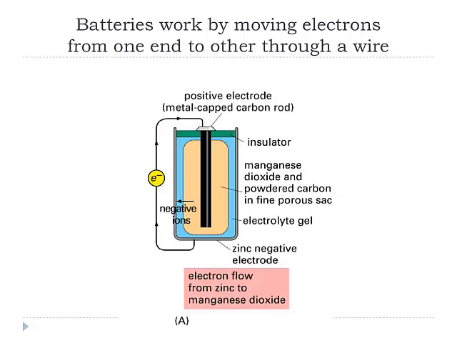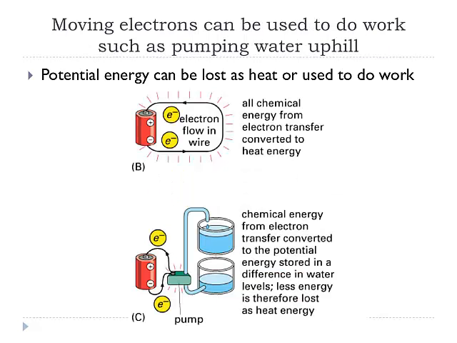So in a battery you have the positive and the negative end, and if you create a circuit with it, it's the flow of electrons that helps to transfer energy, right? And similarly, in the cell, the energy can be lost in a kind of useless form as heat energy.